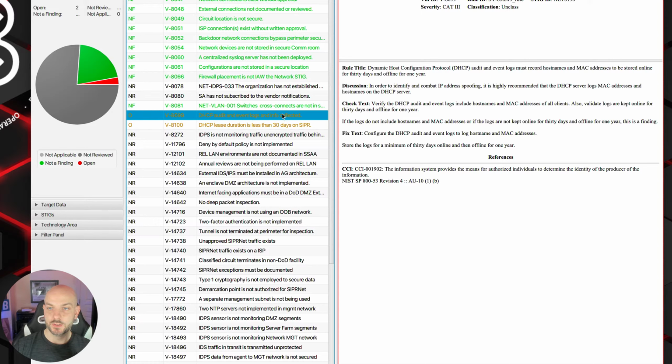The whole idea with having event logs turned on for DHCP is so that you can determine who or what devices are actually connecting, the MAC addresses, and the IP addresses that are associated with them, right?